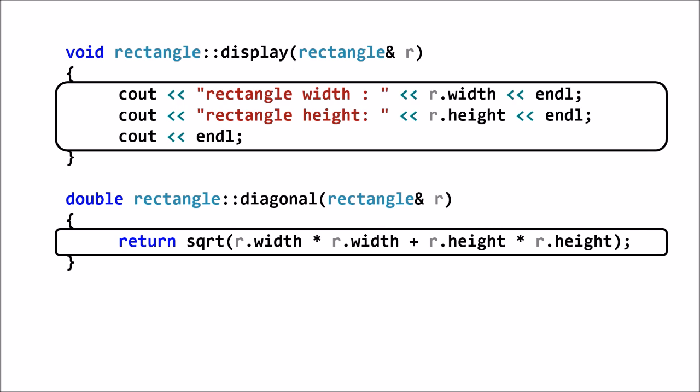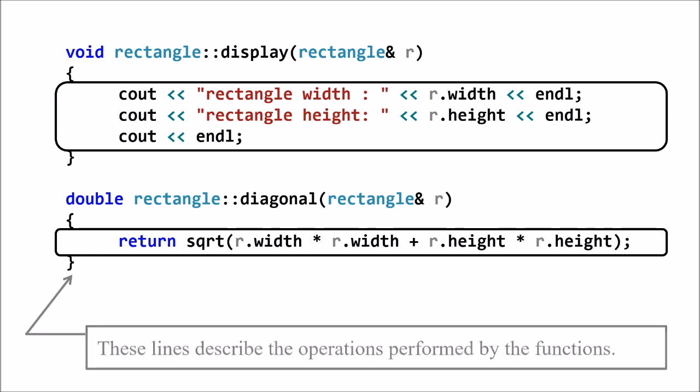That's simply the length of the hypotenuse of that right triangle in this rectangle. And again, the data members are accessed with the dot operator. We have the object name, then the dot, and then the data member name.